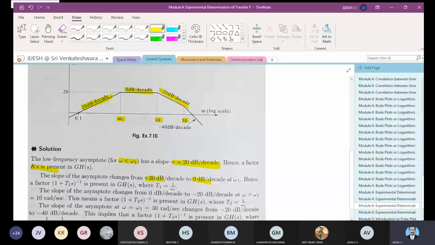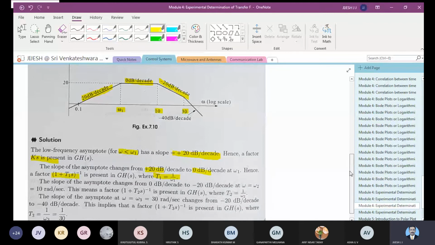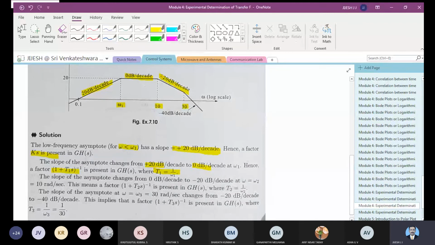How does this minus 20 dB slope get added? You should have a term in the denominator. So that is what you need, a term in the denominator: 1 plus T1 s inverse. T1 will be 1 by omega 1. Omega 1 is not known to you, so let us keep it as omega 1 itself. Next, what is this? Minus 20 dB per decade. So again the slope is negative.